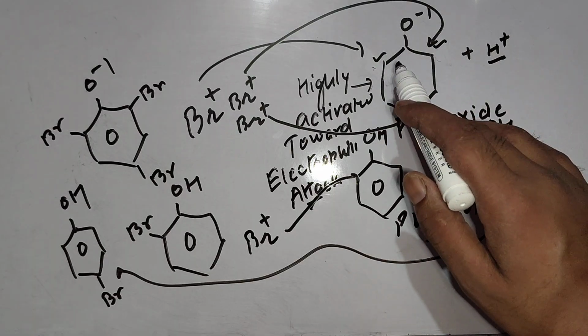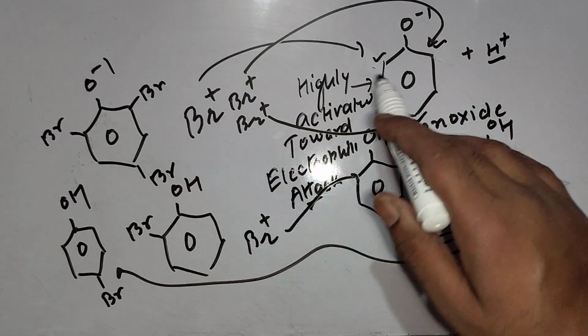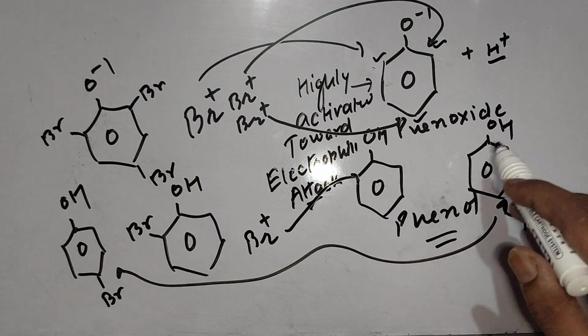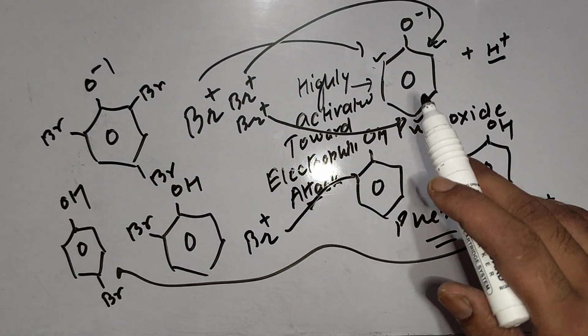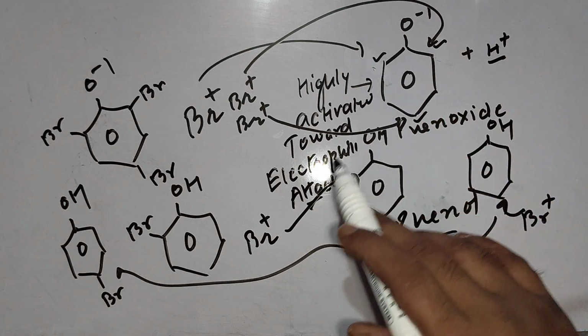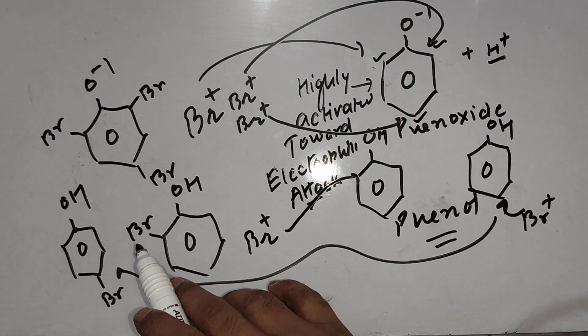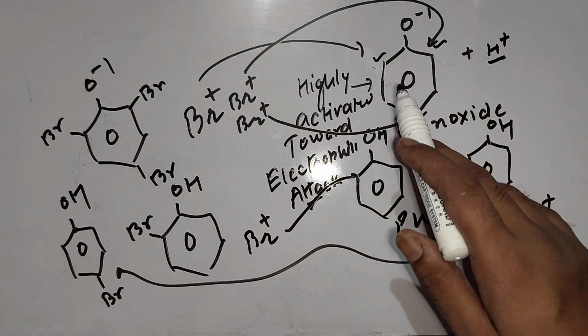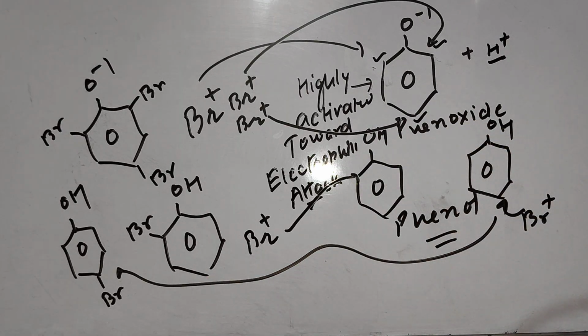So that's why at one time, three bromines can simultaneously attack it, and we are getting a tri-substituted product. Whereas the phenolic benzene ring is not so activated. So at one time, only one electrophile will attack it, and we are getting separate products, ortho separate, para separate. And why they are not so activated, already discussed in the resonance of the molecules.